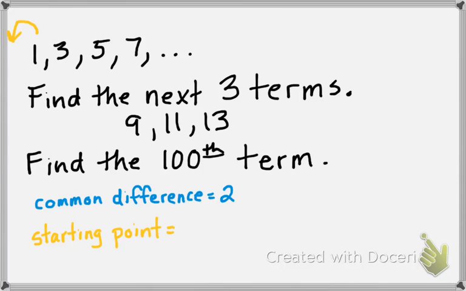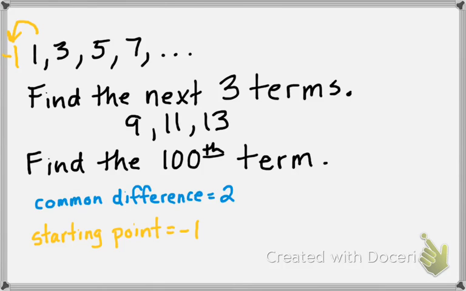That would be where it came from. So if you had to back up, in essence, what number would have come in this sequence before the 1? Well, it would be a negative 1. Because if it's going up 2 every time, then you'd have to start at negative 1 to go up 2 and get to a 1.